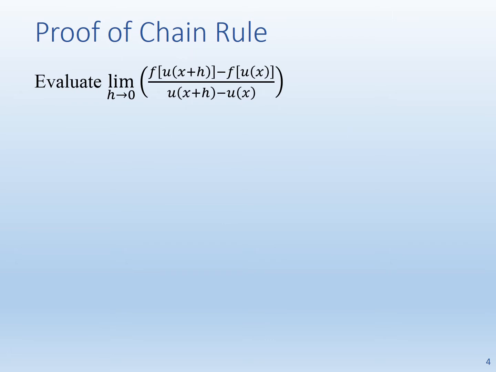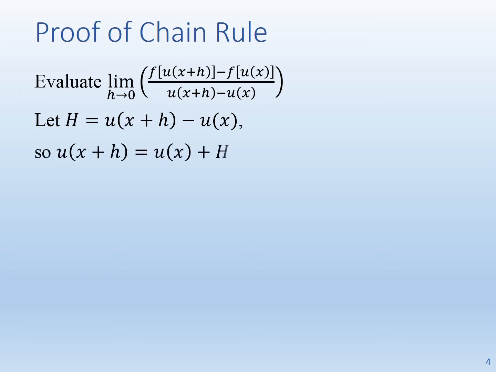I want to put this into the form of the derivative, so I want to replace that denominator with a h. But it won't be the same as this little h here, so I'll introduce a capital H to replace that denominator. And then I can rewrite that so that u of x plus h is the subject, and that'll equal the H plus the u of x.